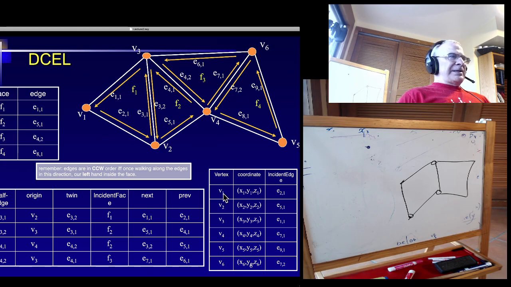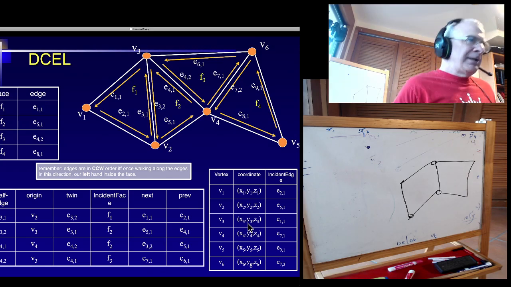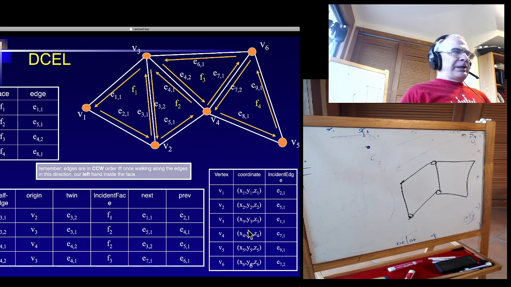What do I store with every vertex? I store as accurately as I can the X, Y, maybe the Z coordinate of the vertex. Tedious information. I want to store it only once. That's the only place where I actually store the geometric information with the vertex itself. Colors, other attributes if you have any.